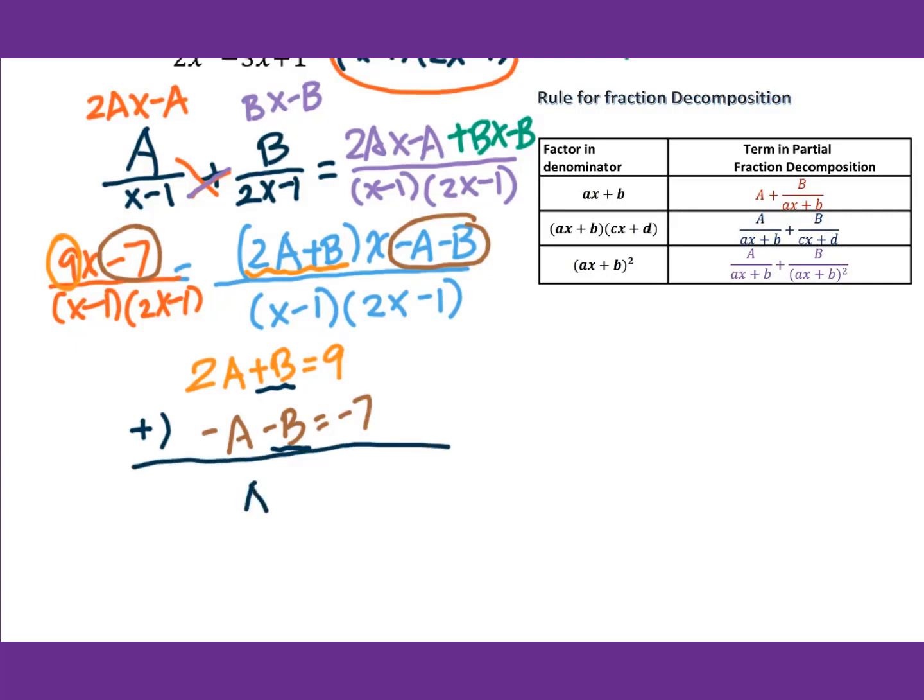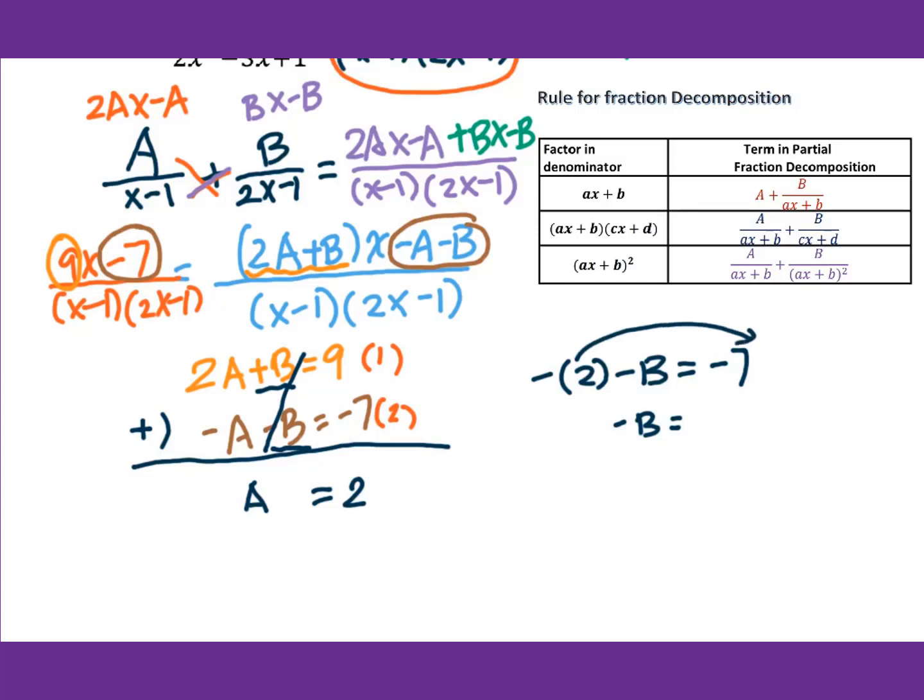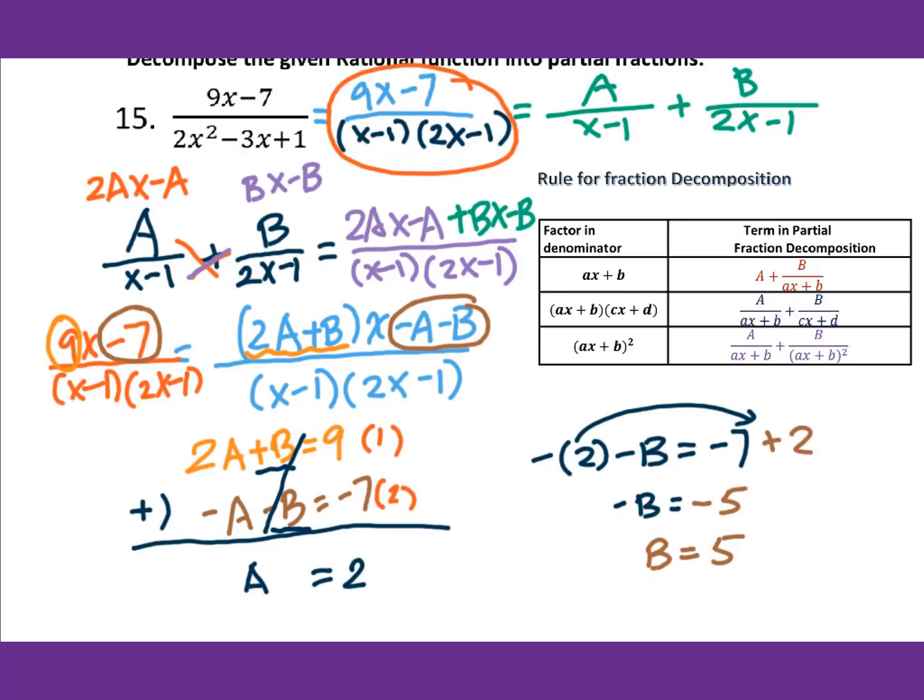You will get a equals 2. Then I plug a equals 2 into the second equation. I got negative 2 minus b equals negative 7. Negative b equals negative 5, so b equals 5. Here a is 2 and b equals 5.